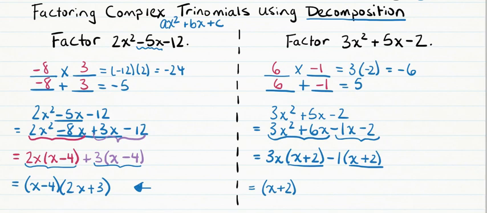If I take out x plus 2 as a common factor, from the first term I'm left with 3x, and from the second term I'm left with negative 1. So again, this is our fully factored form. Remember that you can always check your factored form by expanding. If you expand this, you should end up with 3x squared plus 5x minus 2.